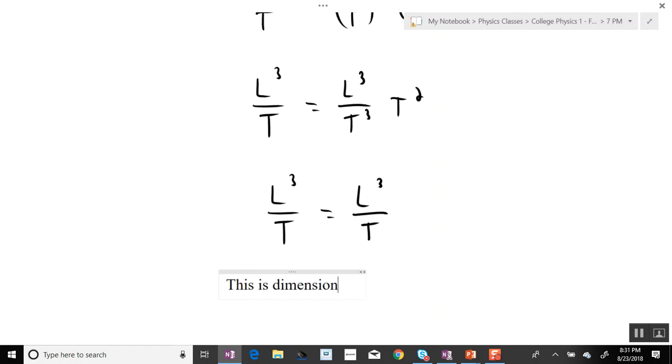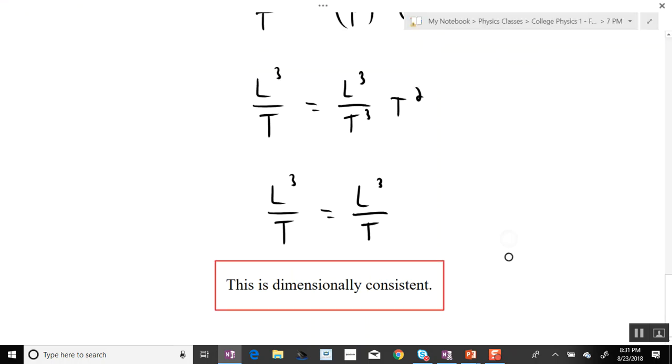So that could be a correct equation. But the second one we did, there's no way it could be correct. All right, so does that make sense? Okay, so that's how you do these dimensional consistency problems.